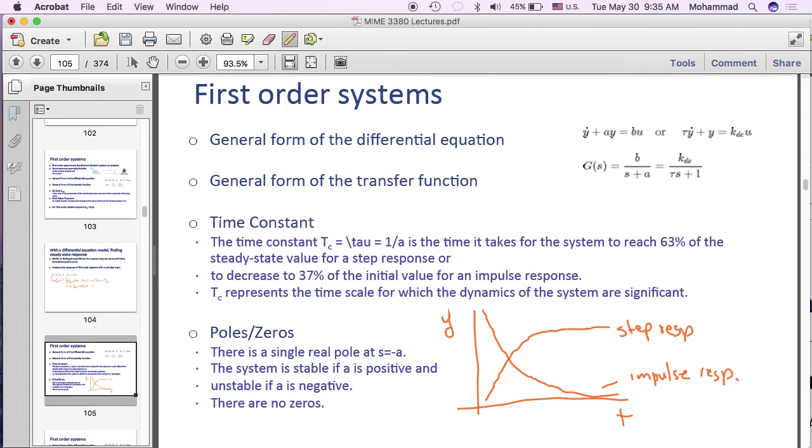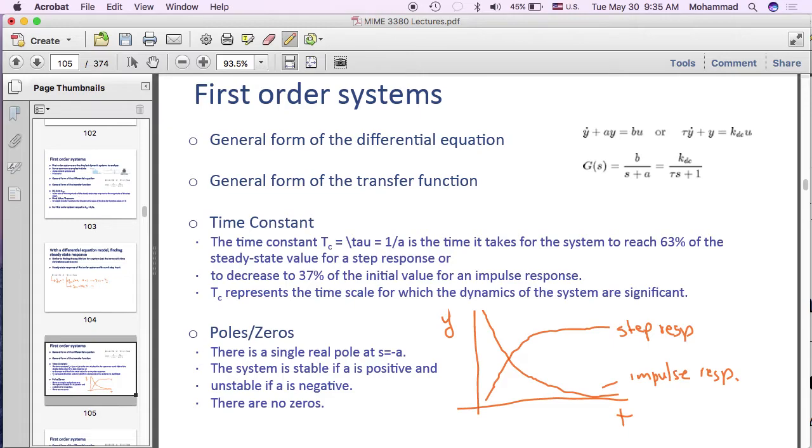How long does it take for the water to enter the tank? Very quick, but it's a significantly large amount of input. So a bucket being dumped in a tank is like an impulse response. So at time 0, the level of the tank immediately jumps, and then afterward it starts draining. So that's called an impulse response.